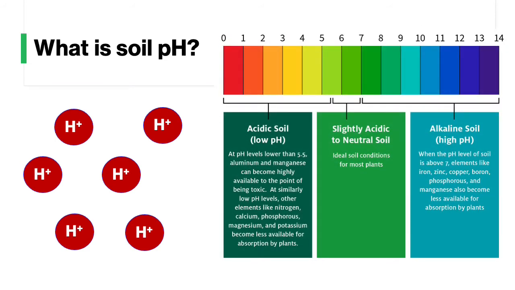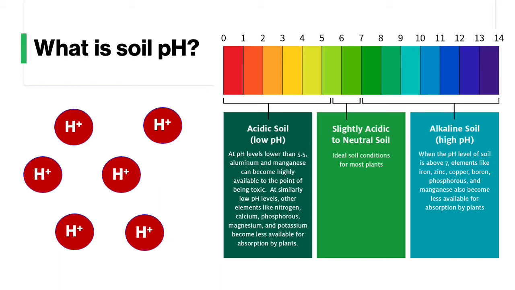Meanwhile, if you have fewer hydrogen ions, your soil becomes less acidic, and the value increases and goes up. You can refer to the figure here: acidic soil starts from 7 and below. 7 is neutral and above 7 is alkaline.